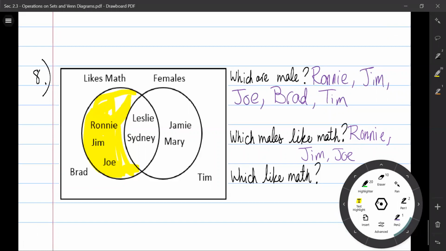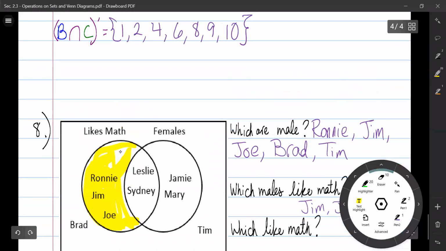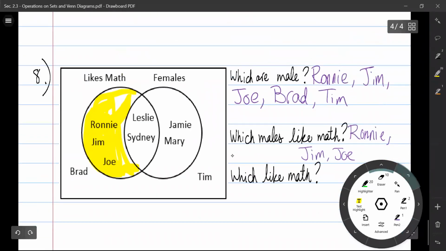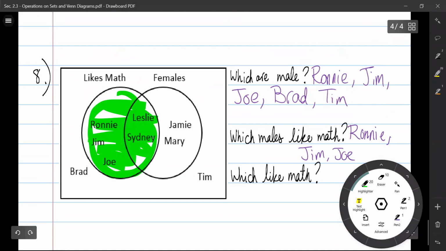All right, and then which of these people like math? So all the people in the like math circle. So that would include Ronnie, Jim, Joe, Leslie, Sydney.